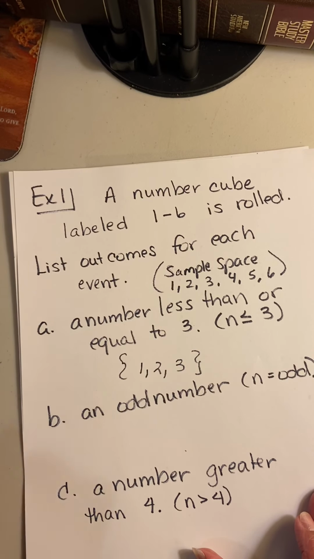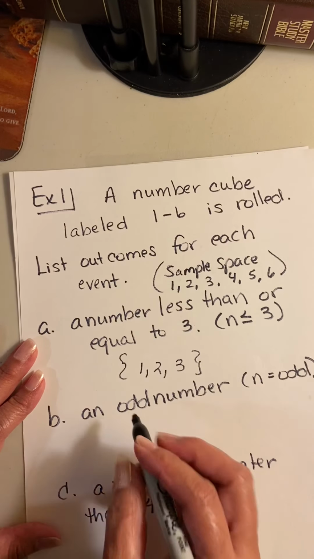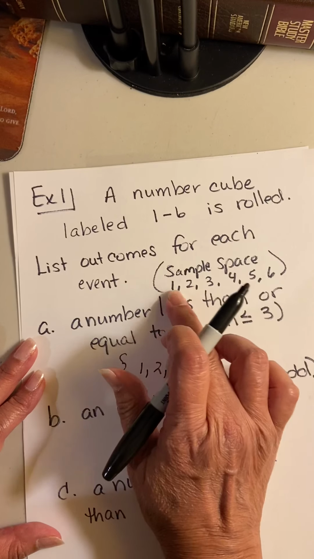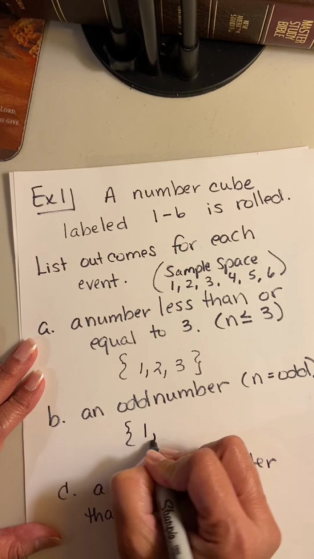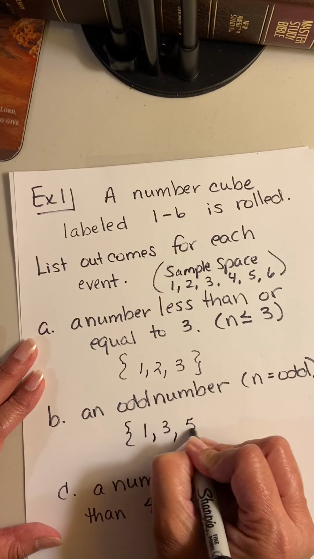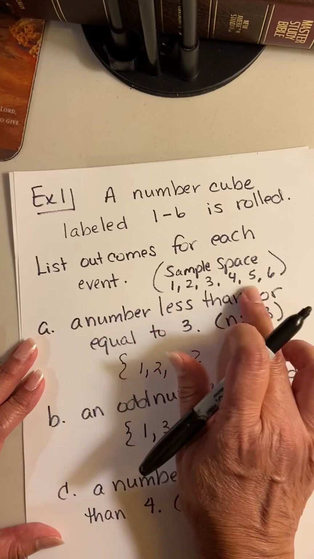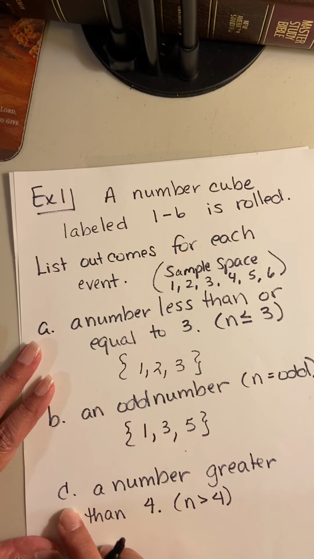Now it says an odd number. If I look in my sample space, which values are odd? 1, 3, and 5. That's my list of favorable outcomes for this specific event. Then C says a number greater than 4.